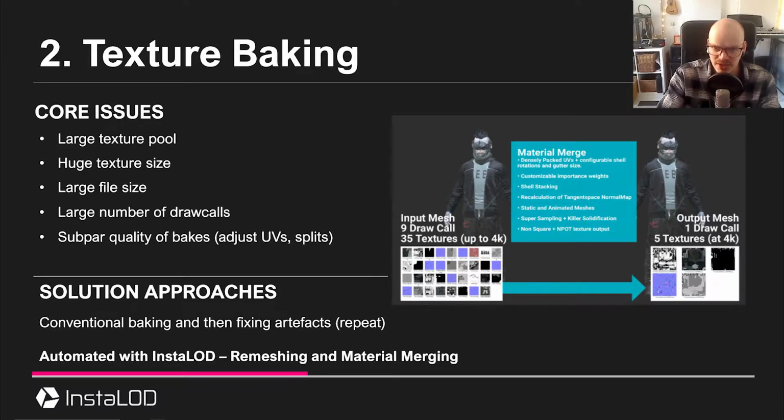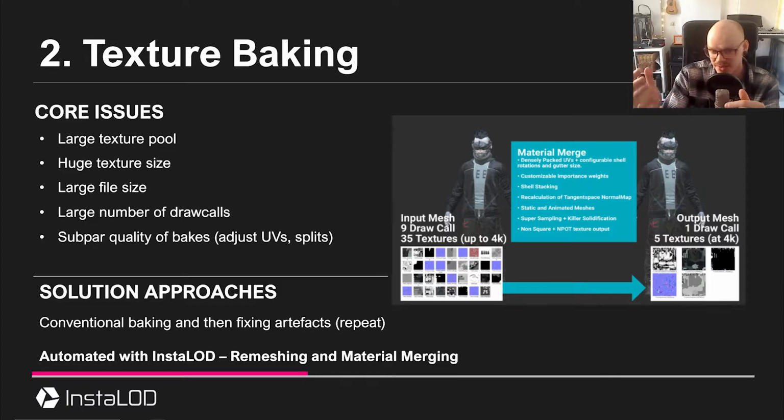So in that case, you need a baker that is capable of taking those 16K textures, 20 of them at once, and then baking those down into maybe, let's say, a 4K texture. And the baker has to do that without crashing, right?